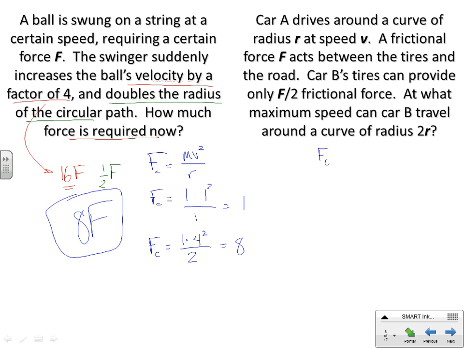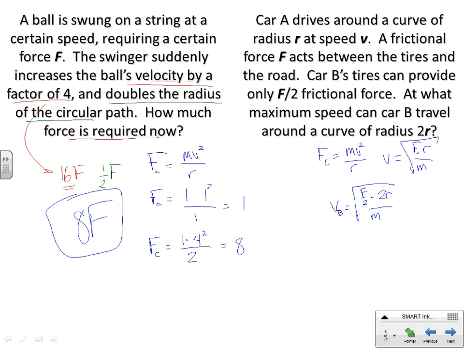F is mv squared over r. Let's express this in terms of v, or we'll solve it for v. v equals the square root of F r over m. Well, it doesn't say that we change anything about the mass, but for car B, we can say that it's F over 2, and the radius is twice as much.